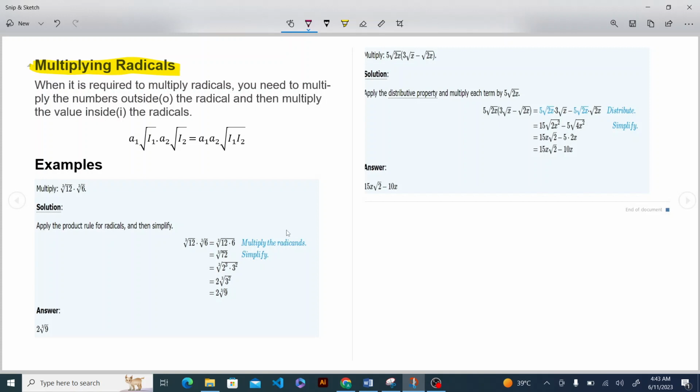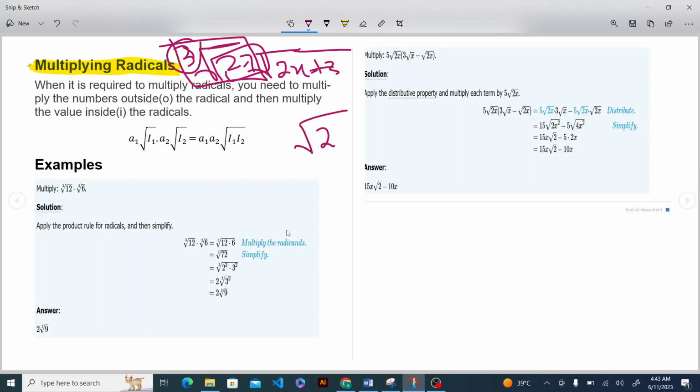We know what radicals were: any number written inside a square root or cube root, like 2x plus 3 or any value, square root 27 or cube root 27. Any value under root, it can be square root as well as cube root. So this is the value inside the radical.